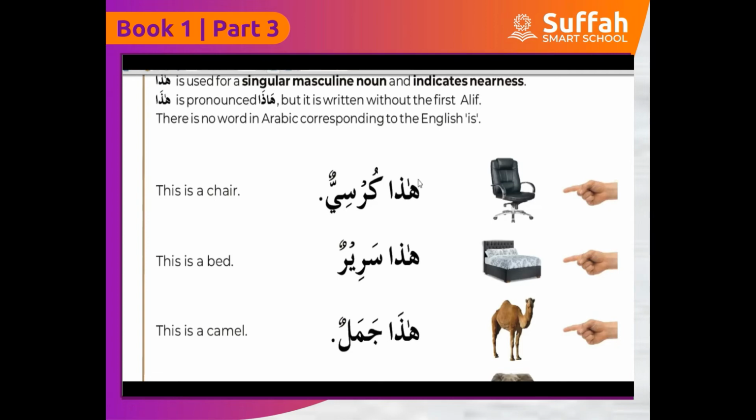Now second, you see the finger pointing to the chair, which is near, and the chair is singular and masculine in Arabic. In English there are 4 genders: masculine, feminine, neuter and common. Examples of masculine in English: man, boy.